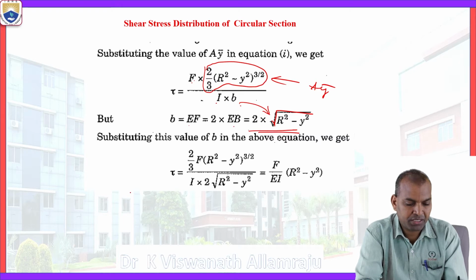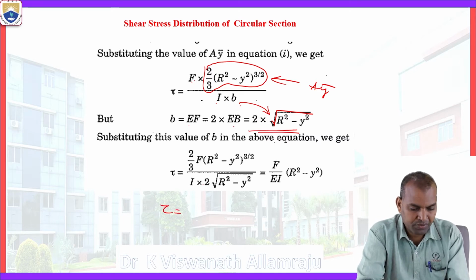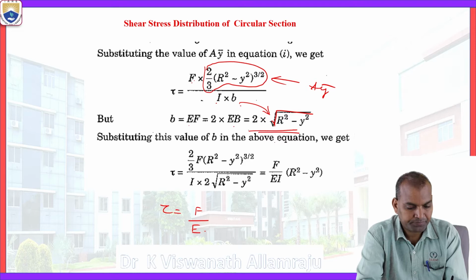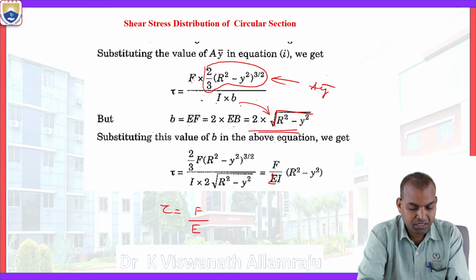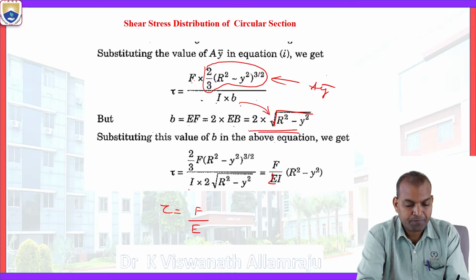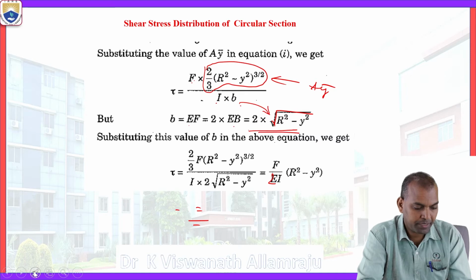After simplification, the final equation comes: tau equals 2/3 of F. Just let me simplify it, then you'll understand better.